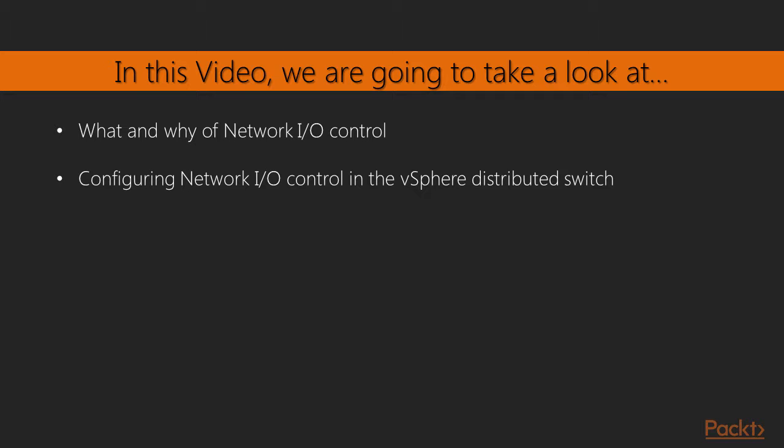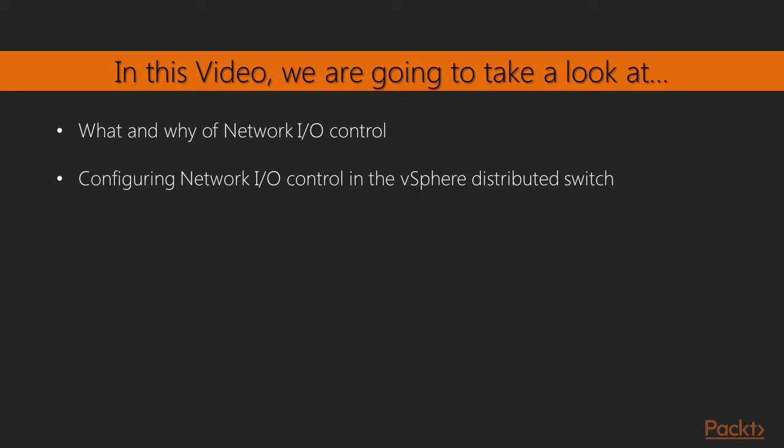So a nice clean way of managing the throughput of network I/O through the distributed switch. And then later on, once we get to the physical side of the network, the class of service and the differentiated services code point markings that have been put on that traffic then take over.